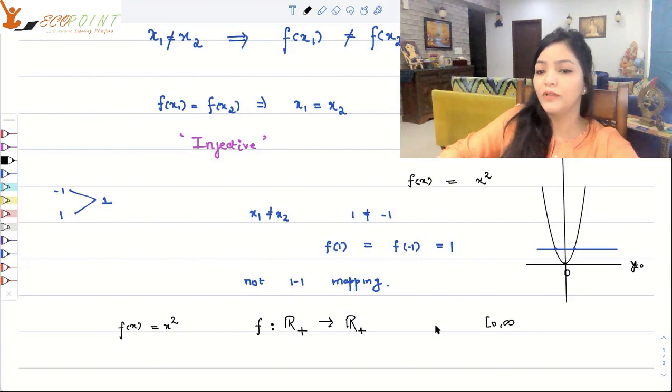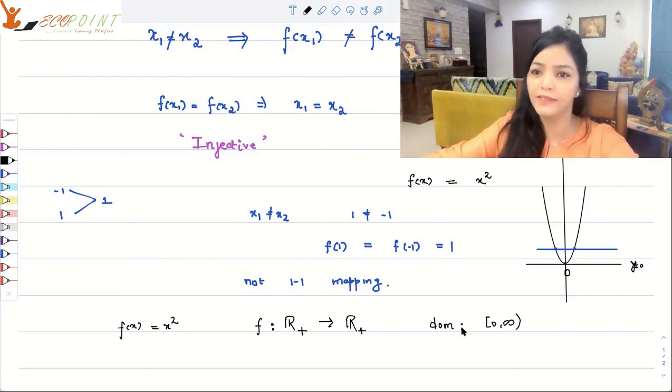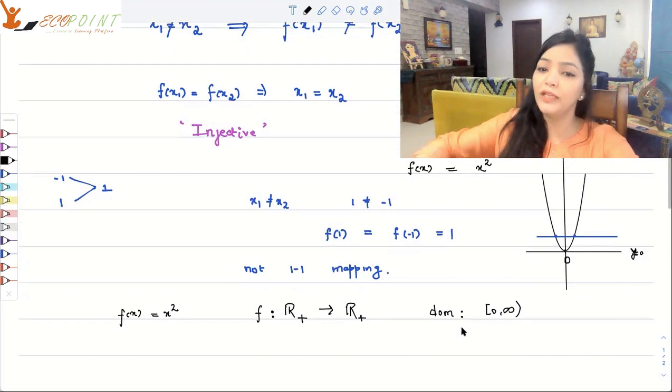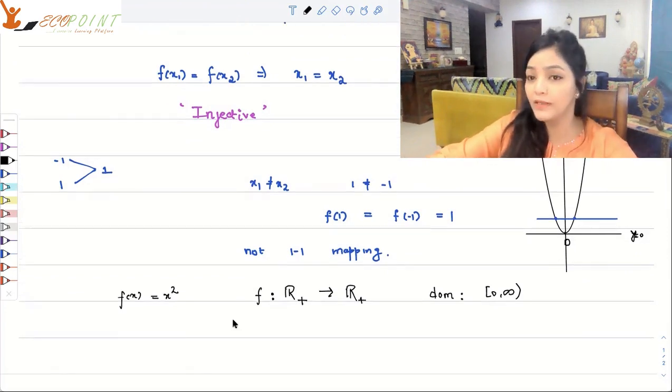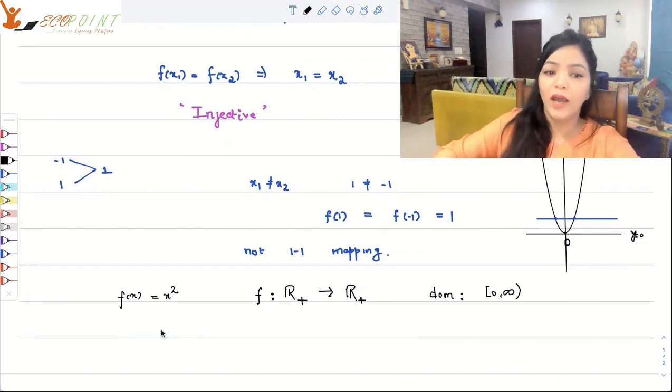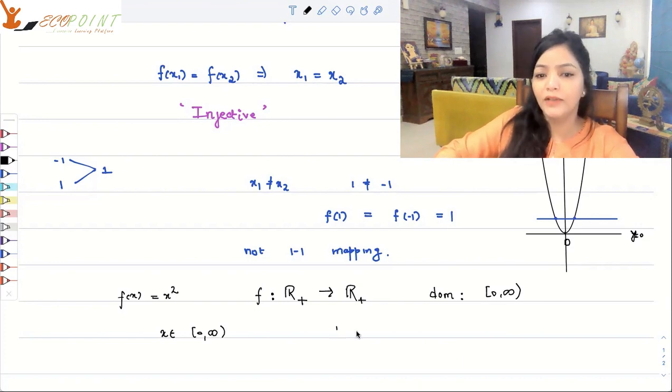So that means the domain is 0 to infinity, or in other words, we are allowed to take entries as input from 0 to infinity only. Then do you think we will be able to take the input as -1? We will not be able to do that, right? So I will have to take x from 0 to infinity. And if I do that, let's take 1 is not equal to 2. And what about f of 1 and f of 2?